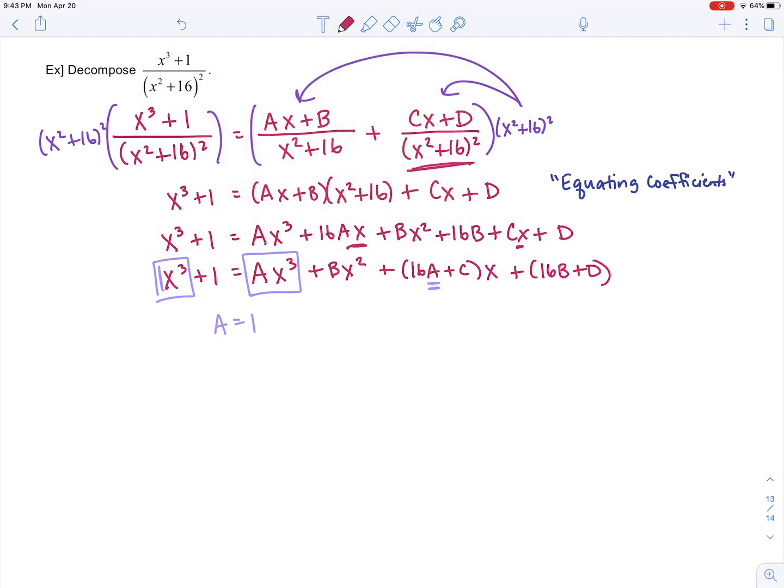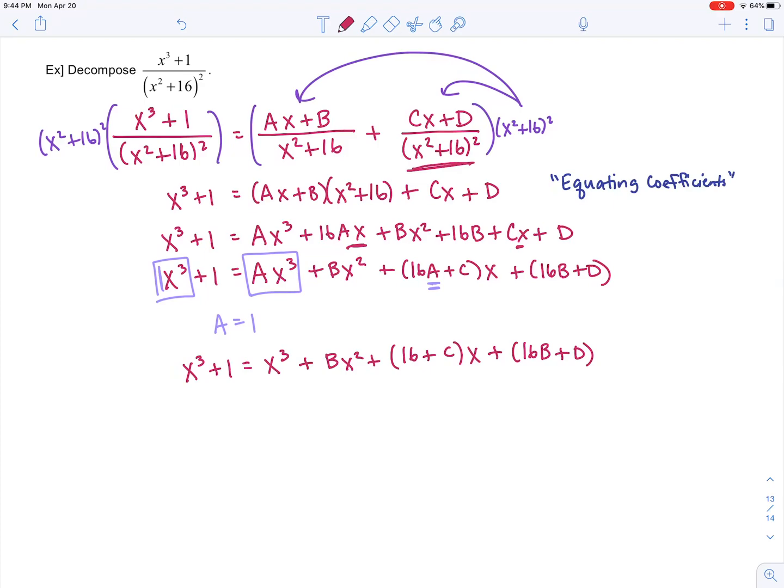So let's go ahead and rewrite it with the replacement. So a I know is 1, so x cubed plus bx squared plus, so 16 times 1 is 16, 16 plus c times x plus 16b plus d.